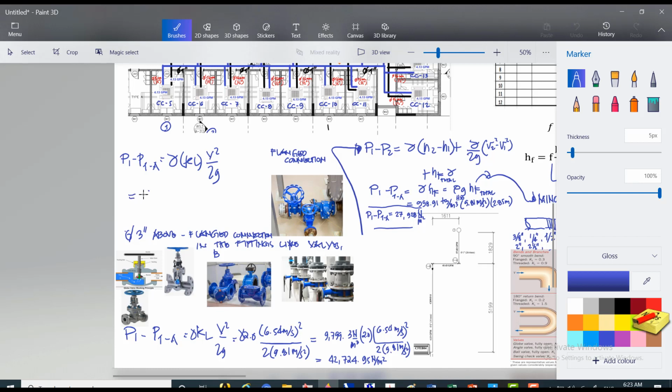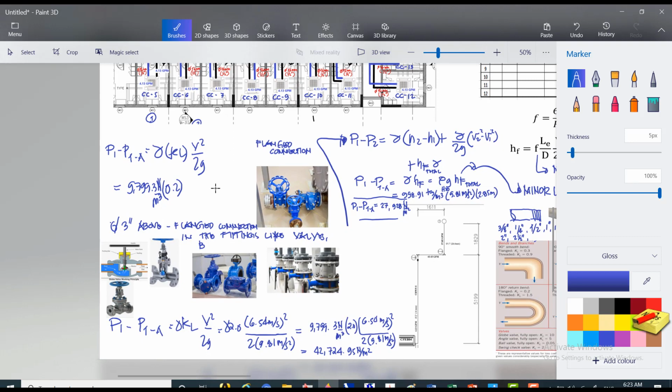So we have 9,799.3 Newton per cubic meter, multiplied by KL, which is 0.2, then multiplied by the velocity, 6.54 meter per second squared, divided by 2 times 9.81 meter per second squared.